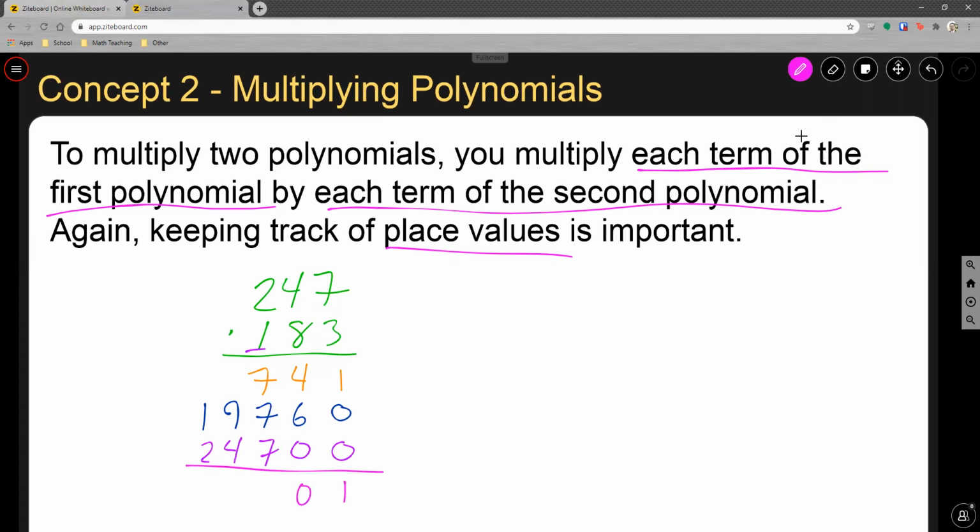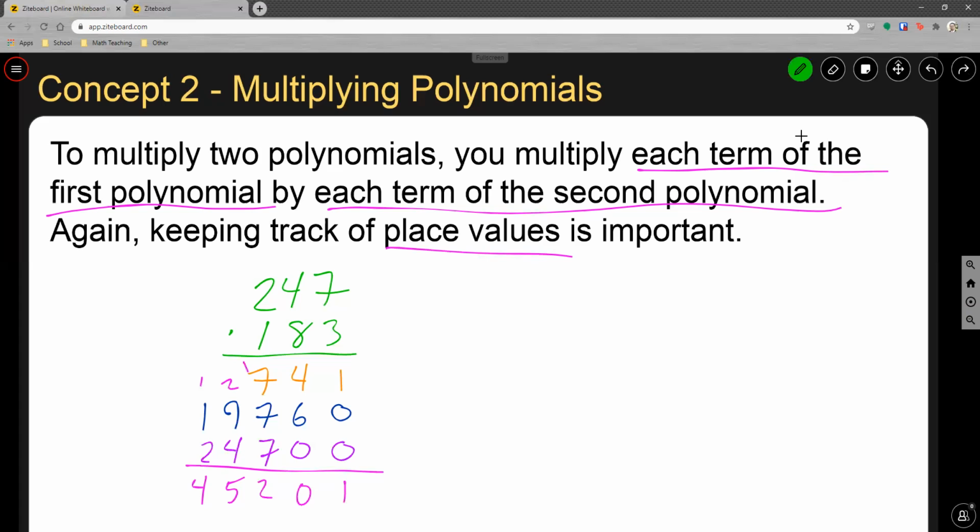And I get 45,201. Well, all that stuff with the zeros, in case you've forgotten, it's because we are actually doing 3 multiplication problems simultaneously in a way.